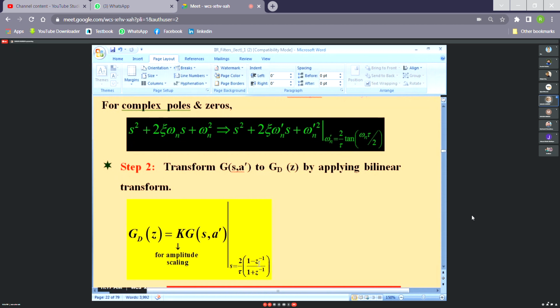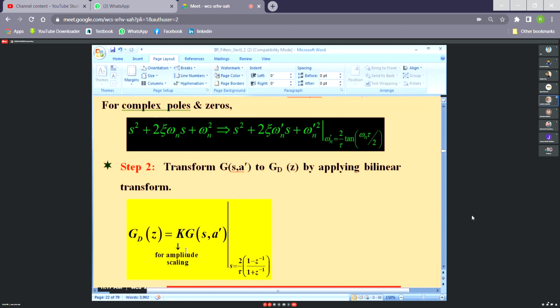But remember here that in this case, when you are moving from the given G(s) via frequency pre-warping, then application of bilinear transformation, your amplitude scaling is not automatic. Preserving the DC gain is not automatic if the filter under consideration is a low pass filter, and preserving the high frequency gain is not automatic if the filter is a high pass filter.